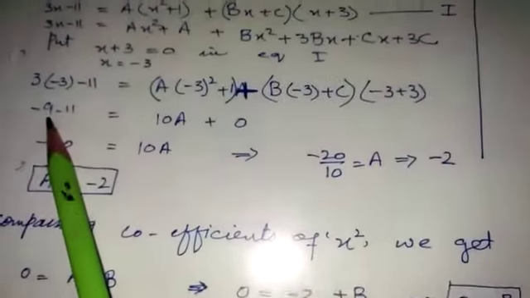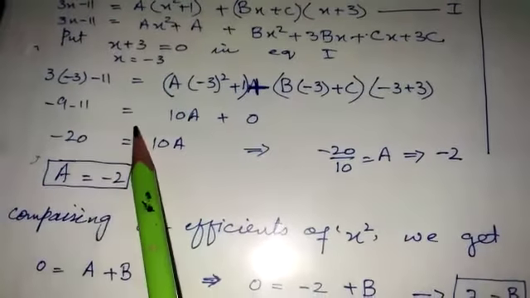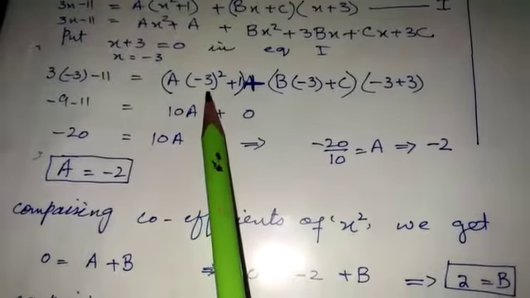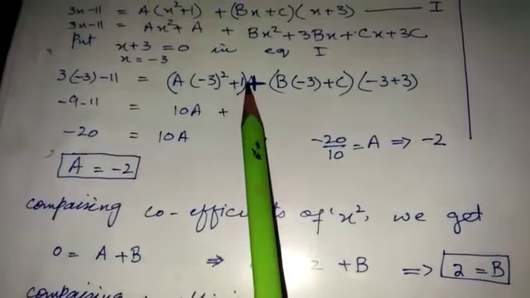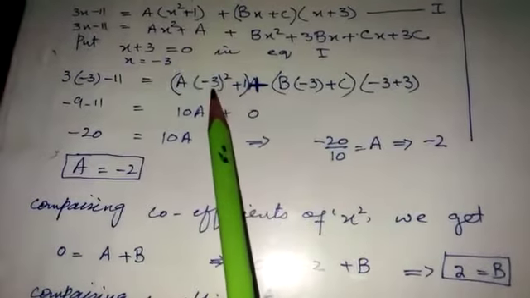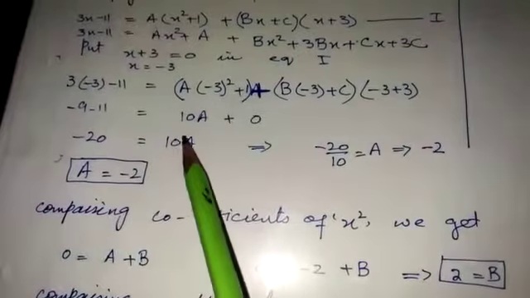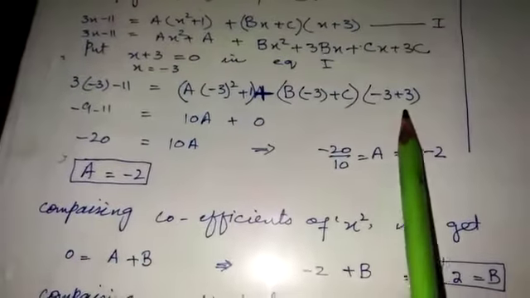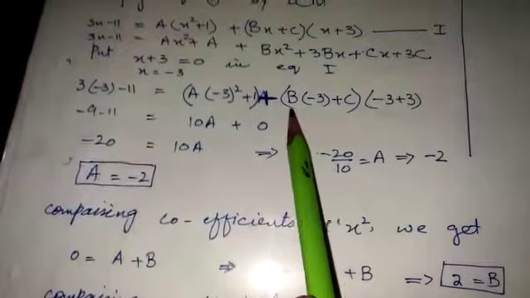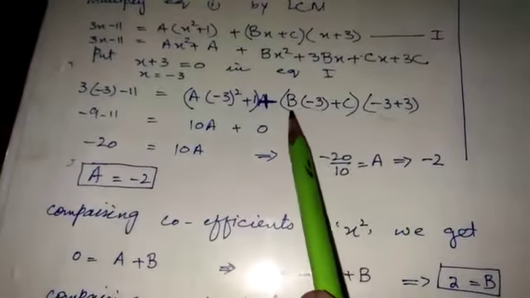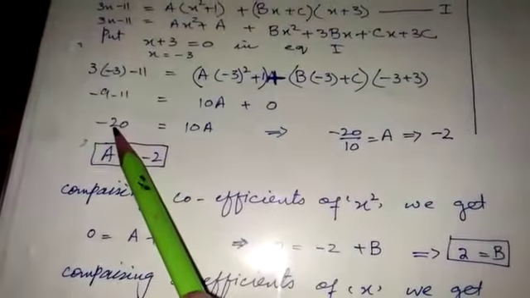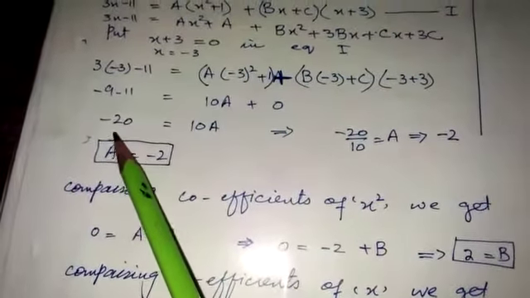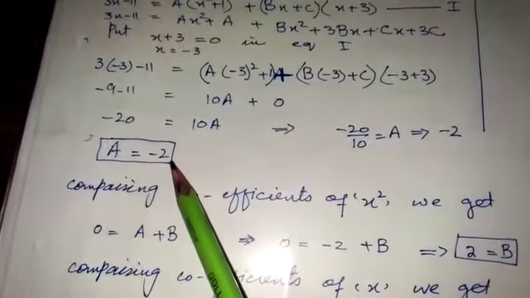Minus 3 times 3 is −9, minus 11, and (−3)² is 9. 9 plus 1 is 10, so we get 10A plus 0. All this term becomes 0. Now −20 equals 10A. By dividing by 10 on both sides, we get A equals −2.